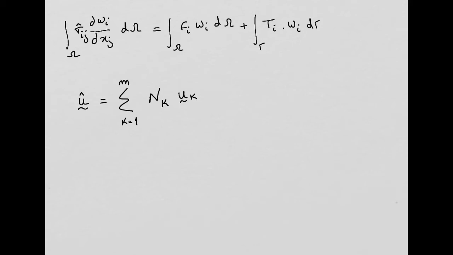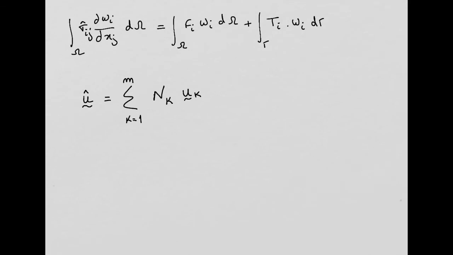For example, if you have in mind that the stress, so this or this, when I write this or this, is the same thing I'm referring to, right? Like I said, I'm just using the tensor notation now for convenience.